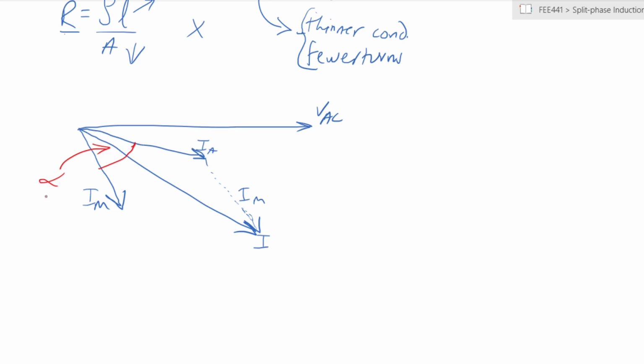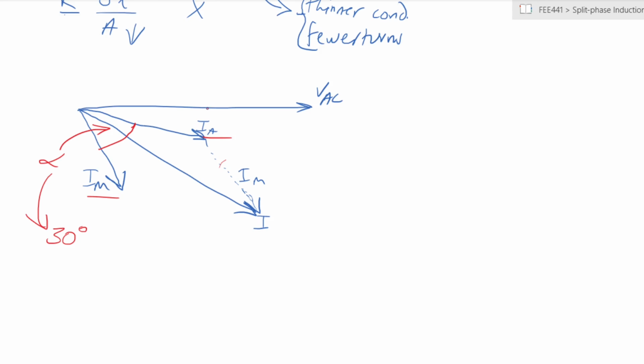In the case of the resistance split phase motor, this angle alpha is 30 degrees. That is the phase difference between the current in the main winding and the current in the auxiliary winding, and that is enough to give us a rotating magnetic field, albeit a weak one at the beginning.